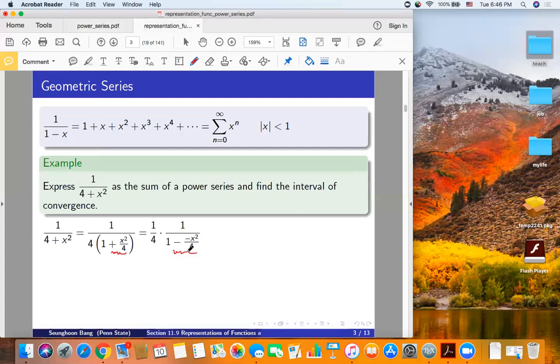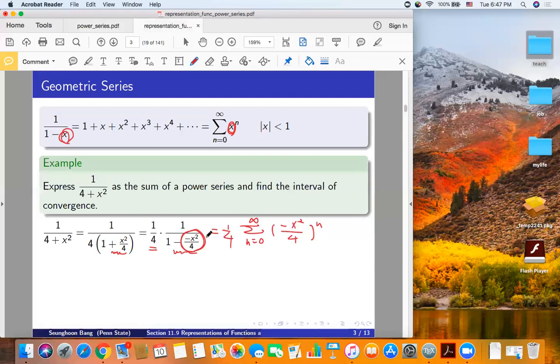Next, plug this value in here. Keep the 1 over 4 and write the summation n equal 0 to infinity, plugging negative x squared over 4 in for x, so we have negative x squared over 4 to the power n.